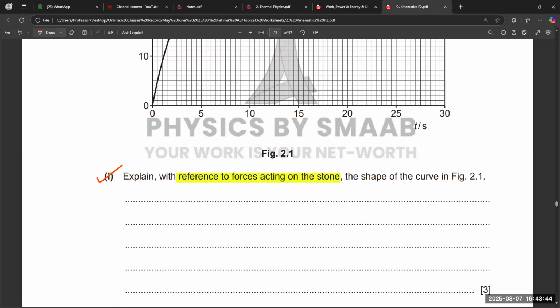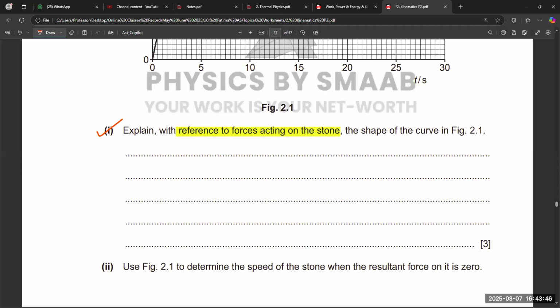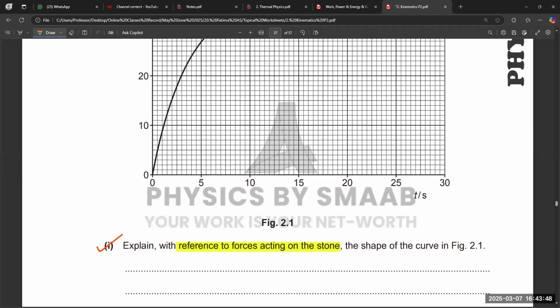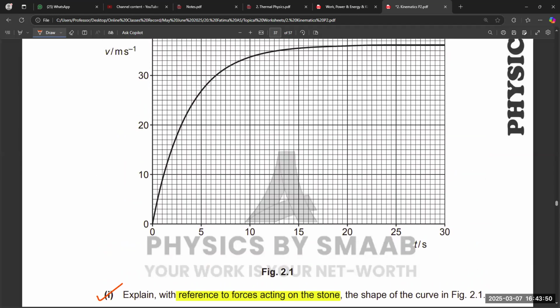So basically in this part of the question, with reference to the forces acting on the stone, first of all, we observe that for a short time interval, there is a straight line, right? And this straight line represents that the body is moving with constant acceleration. So initially, in the initial interval of time, we have constant acceleration of the body.